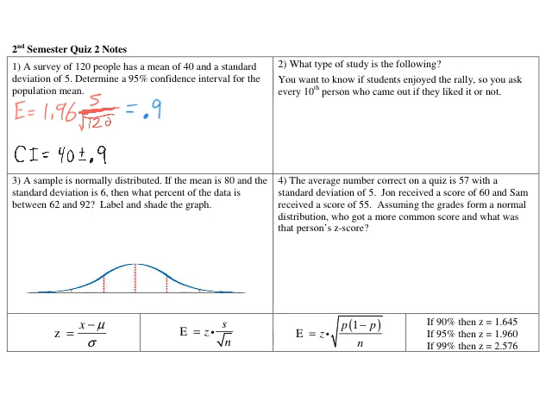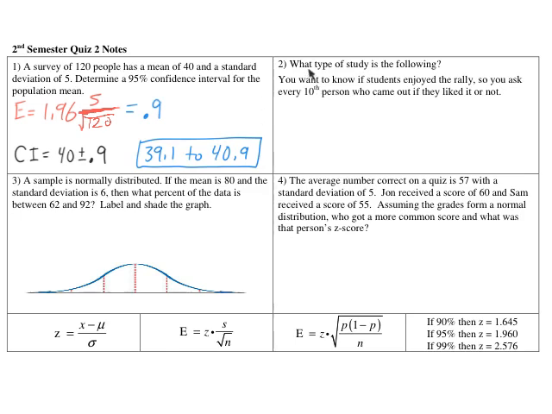When you do that, you will have an interval of 39.1 to 40.9. So that would be your confidence interval at 95% for your mean of 40. It's kind of an interesting little concept.